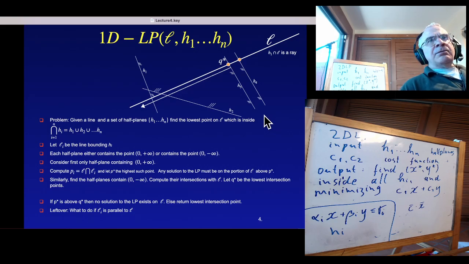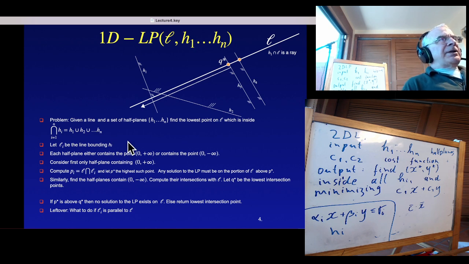I told you that I'm looking for a solution only on the line L. Again, I'm looking for a solution to the linear programming problem: I'm given one line L, and I ask what is the lowest point which is on L and is inside each one of the half planes h1 through hn.